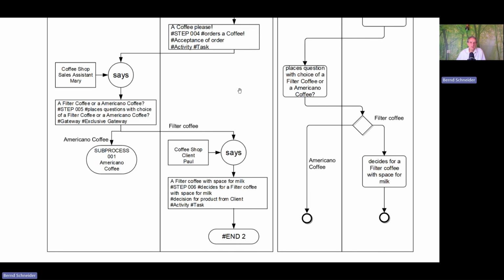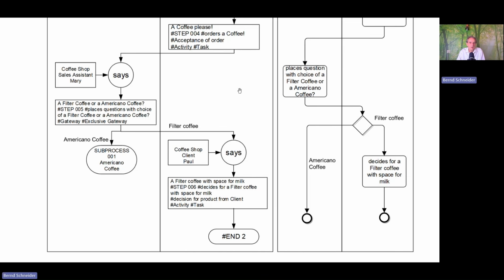With the notation of the CPW process method, you have no extra graphical object for the gateway because it's not needed. And why? Because we have represented the gateway with hashtag notation.